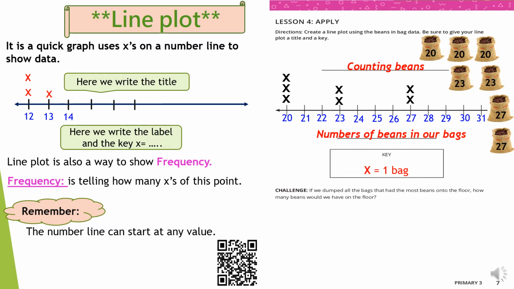All the beans? All bags? No, the bags with the most beans. The most, the greatest, or the highest value. What? 27. We have 2 bags that contain 27. So we will drop these 2 bags on the floor, and we will count all the beans. So 27 plus 27 equals 54 beans.